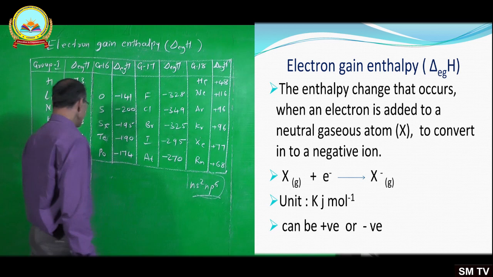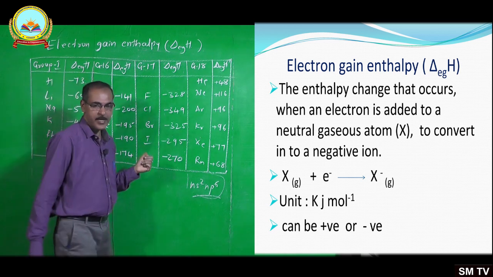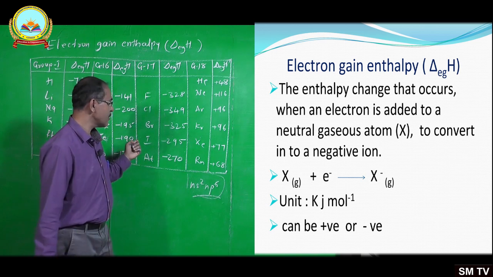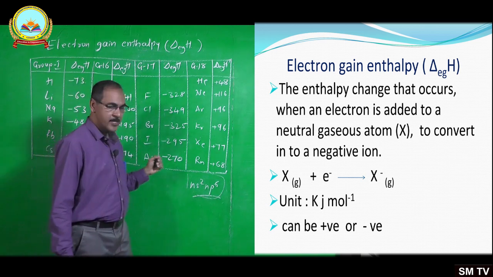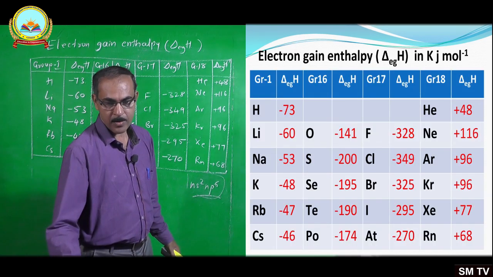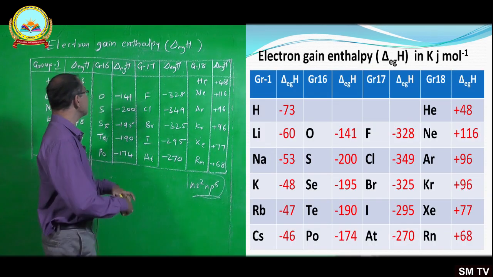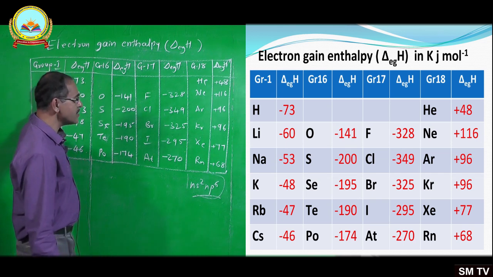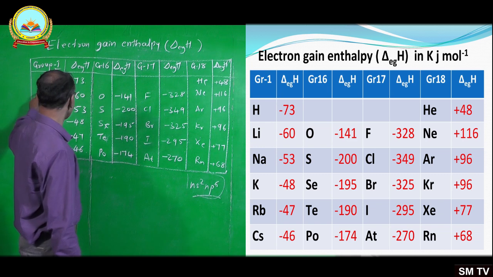Now, the unit of electron gain enthalpy is kilojoules per mole. Now, let us see the trends in the periodic table.